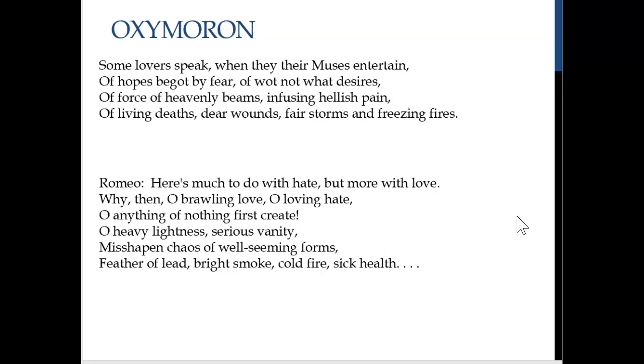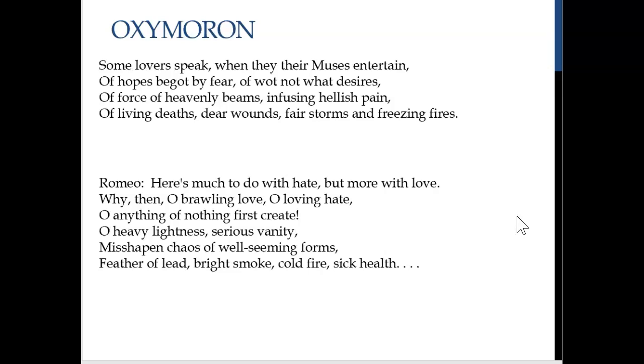But he does reuse them for his own devices. It also is a way in which he characterizes Romeo at the beginning of the play as someone who really believes this nonsense that you often see in these sonnets. He thinks this is what love is. This is from early in the play, before he's met Juliet and discovers what love really is.